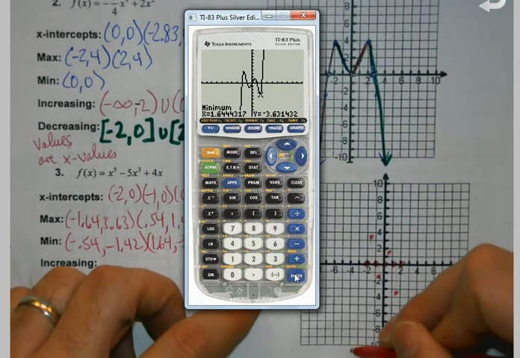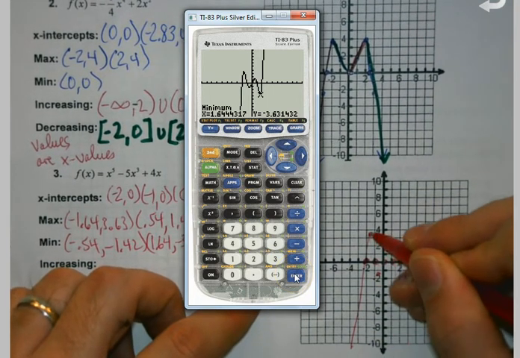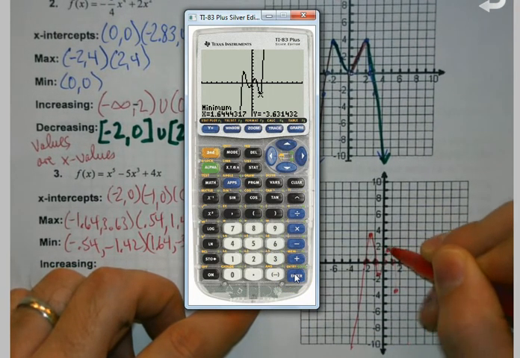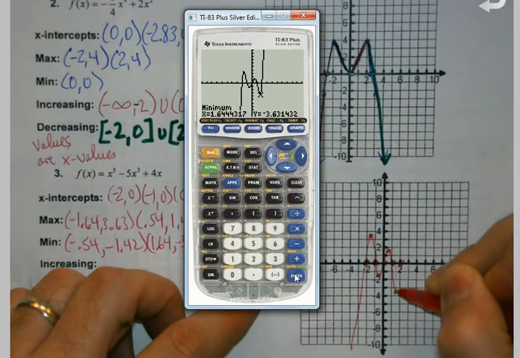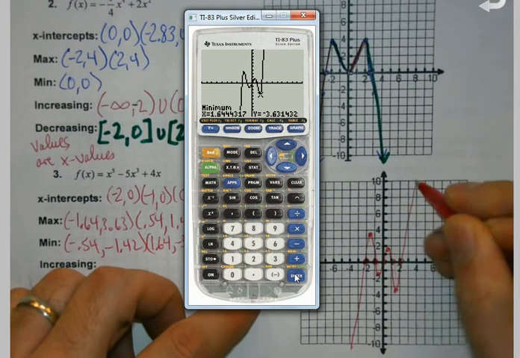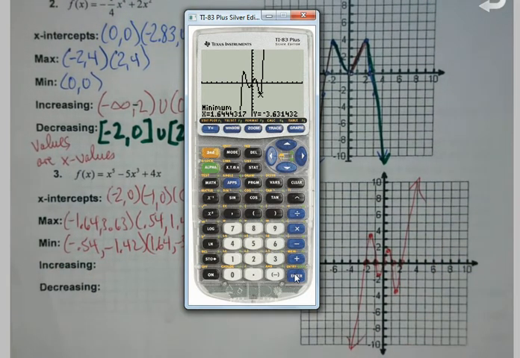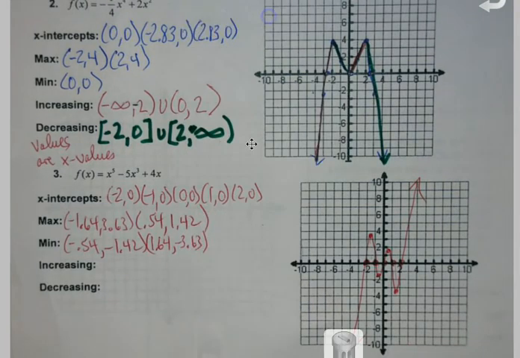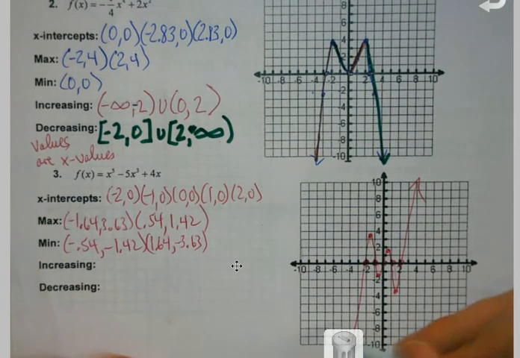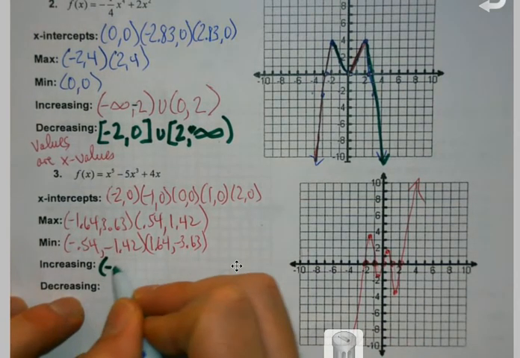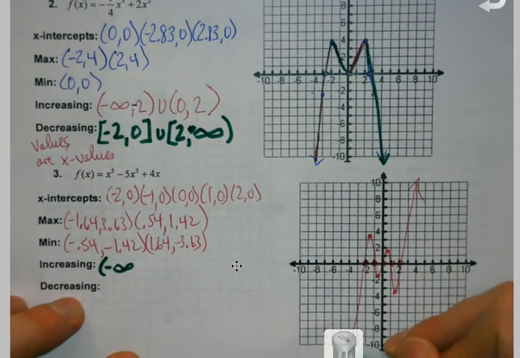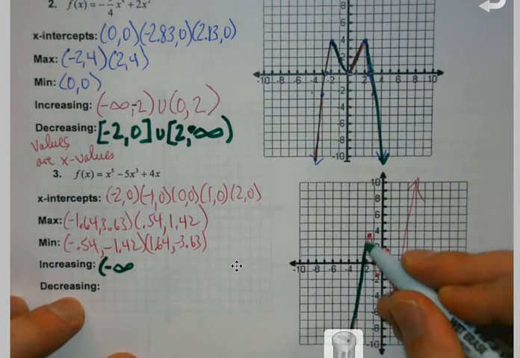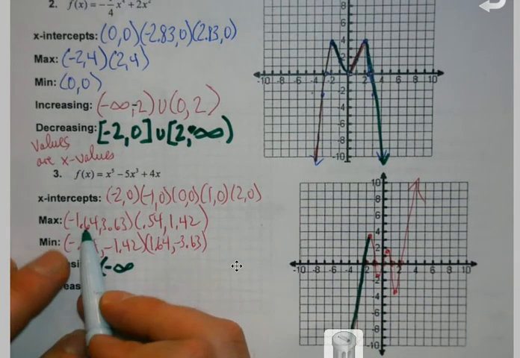then I'm ready to get that crazy looking thing drawn in. And once I have that, when I go for increasing, decreasing, it looks like I'm starting at negative infinity here again. So I'm going until I hit that first maximum.